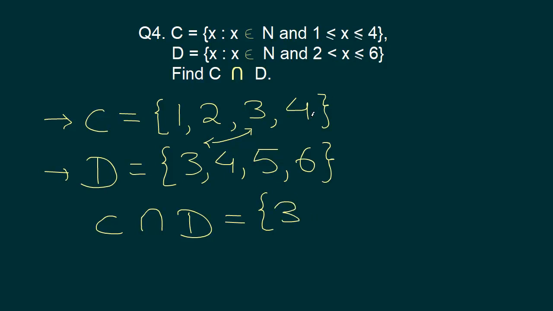And the last element is 4. We note that 4 also is available in both the sets, so we write 4. So C intersection D is a set that contains elements 3 and 4. 3 and 4 are the only two elements which are common to both sets C and D. So this is how we solve questions on intersection of two sets.